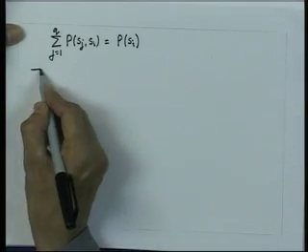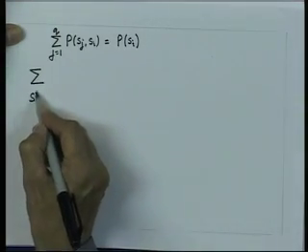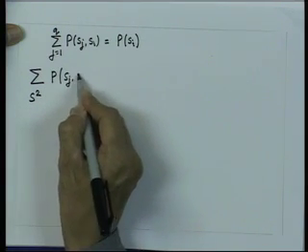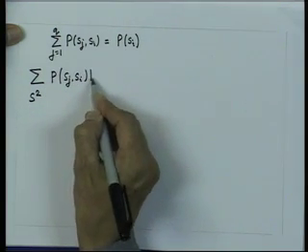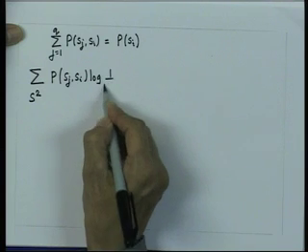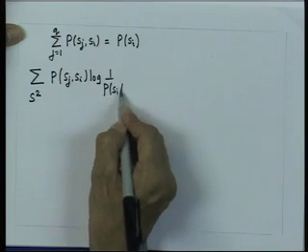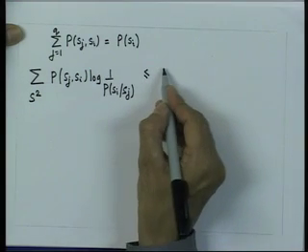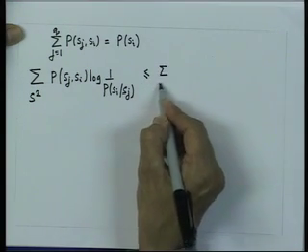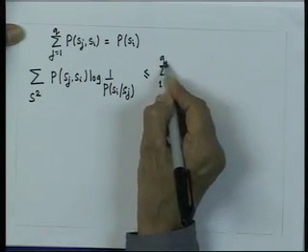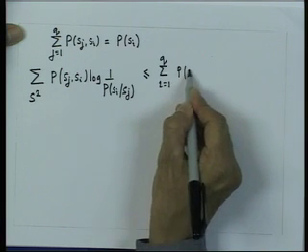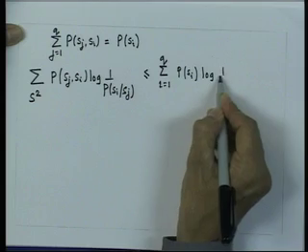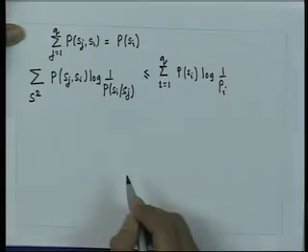So, finally, what I get is the summation over i equal to 1 to q of probability of S i log of 1 by Pi.